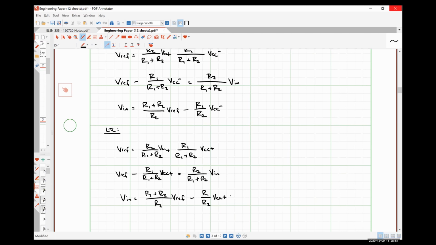So our output will not switch to VCC plus until we exceed this guy, and our output will not switch to VCC minus until we get lower than this guy. So let's throw this circuit into LTSpice and explore this behavior.